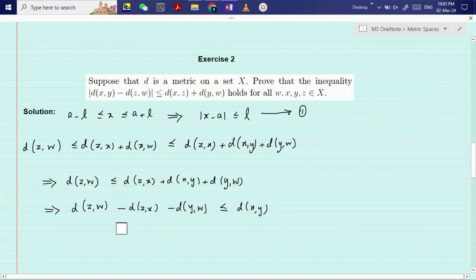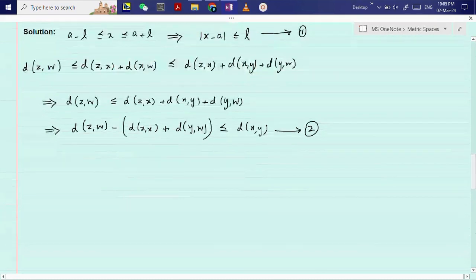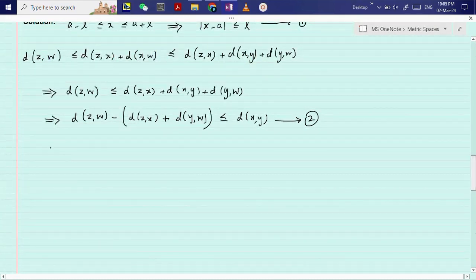And by taking minus 1 outside, we have this expression. So this is named as 2. Now d(x,y) is less than or equal to d(x,z) + d(z,y), because we use the triangle inequality.